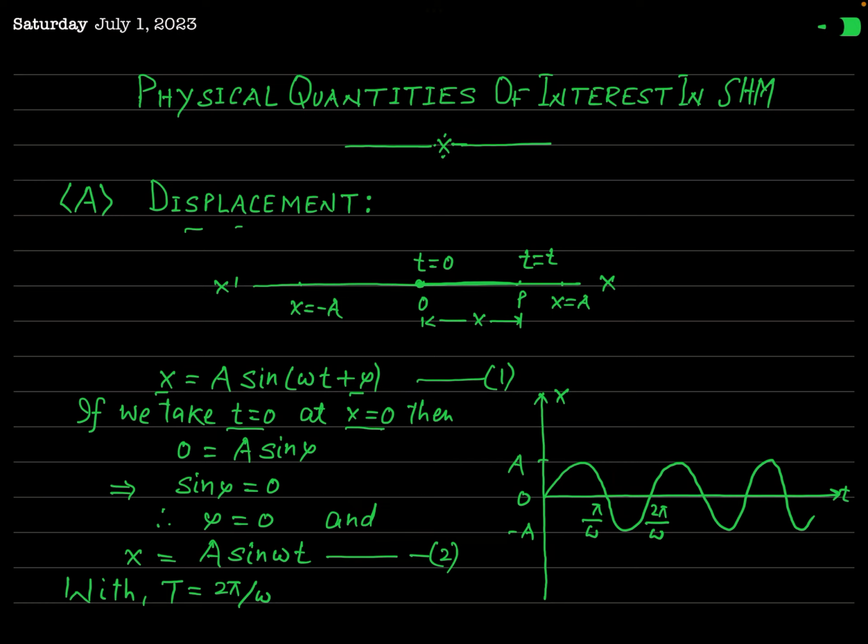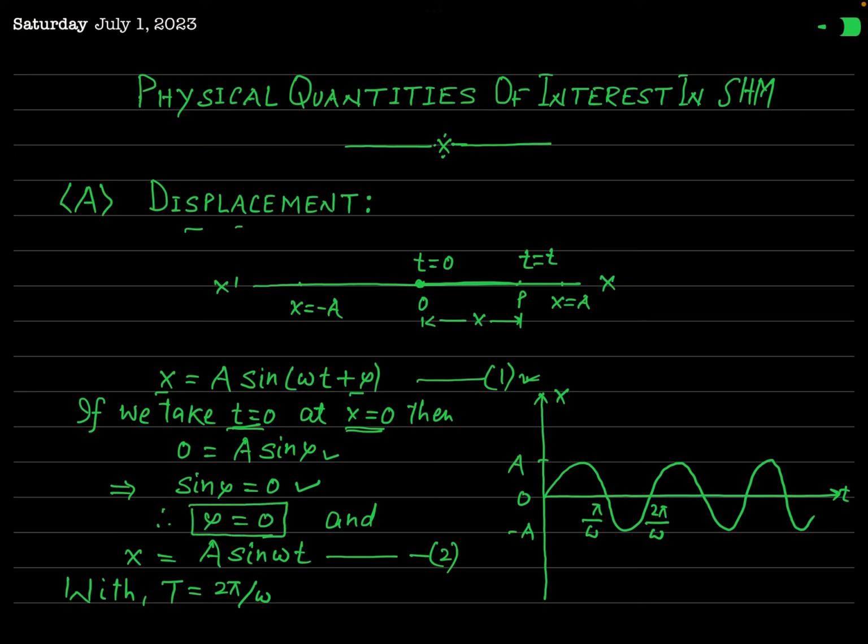Now imposing this condition on equation 1, you can find the value of phi in this particular condition. Taking t equal to 0, we put x equal to 0. So let us substitute these two values in equation 1. This will be 0 equal to a sine phi. But a is the amplitude of this SHM, so it is not 0. Therefore sine phi will be 0, and if sine phi is 0, phi is equal to 0.